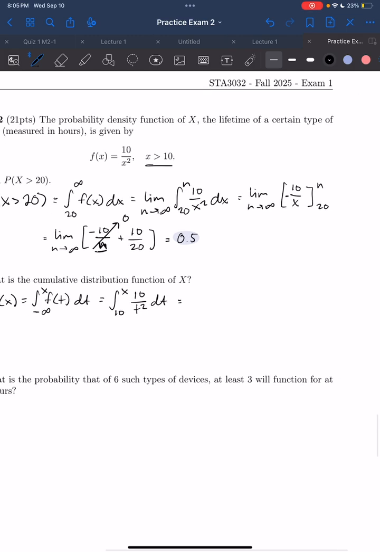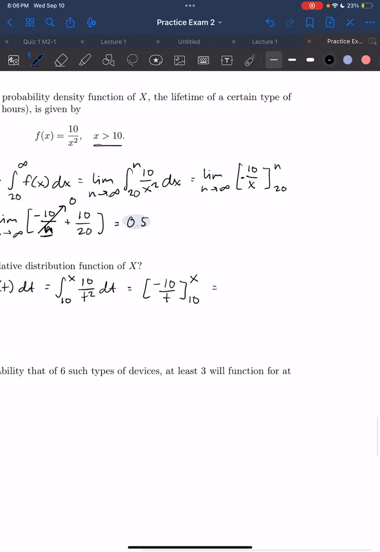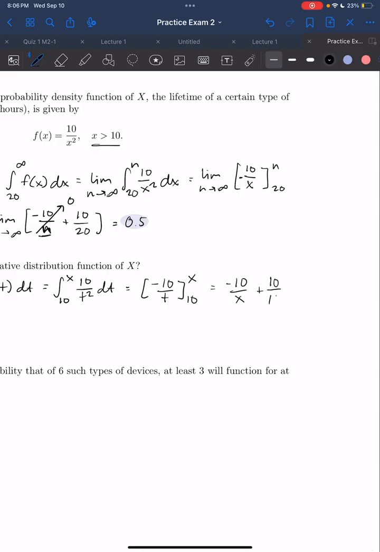Okay, and then this would be equal to negative 10 over t from 10 to x, and then this would be equal to negative 10 over x plus 10 over 10, and that is equal to 1 minus 10 over x, where x is greater than 10.